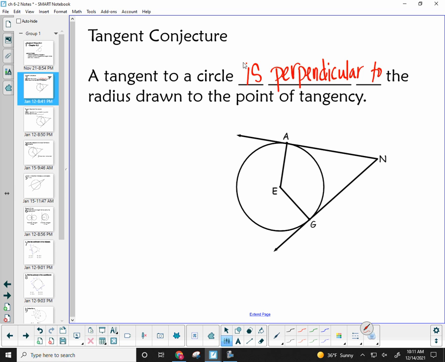It's like a mouthful there. So what it means is where the radius and the tangent line intersect forms a right angle. Okay, so the radius and the tangent line, when they intersect, that forms a right angle.